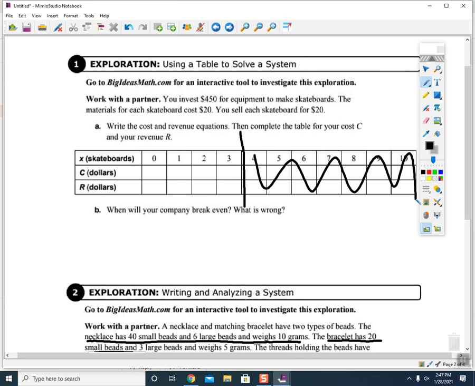Okay, so here's what you should have done. My cost is going to be the $450 initially, plus $20 for every skateboard. My revenue, then, is just going to be $20 for every skateboard. So when I have sold 0 skateboards, my cost is still $450. I have made $0.